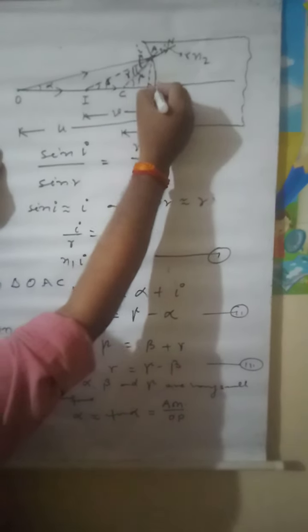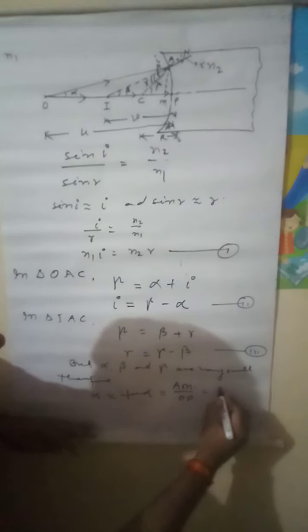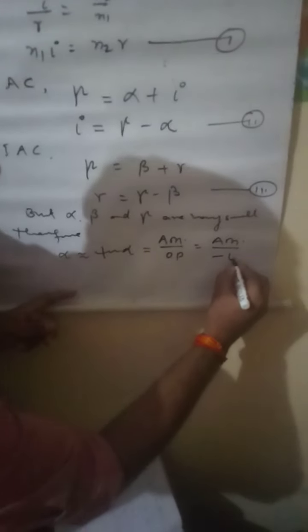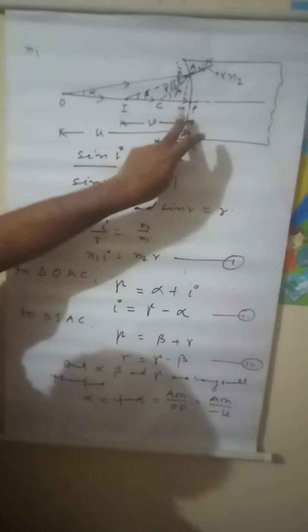These three distances are measured from the pole, point P, and therefore AM by OP is AM upon minus u. Minus u means u lies to the left of the pole, on the negative x axis.